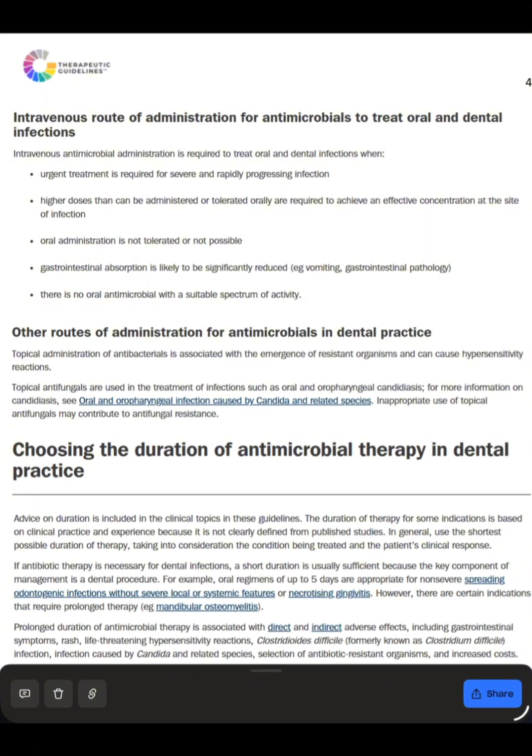For example, if the patient has vomiting or gastrointestinal pathology, and if there is no oral antimicrobial with a suitable spectrum of activity. So only in these conditions can we consider the intravenous route of administration.